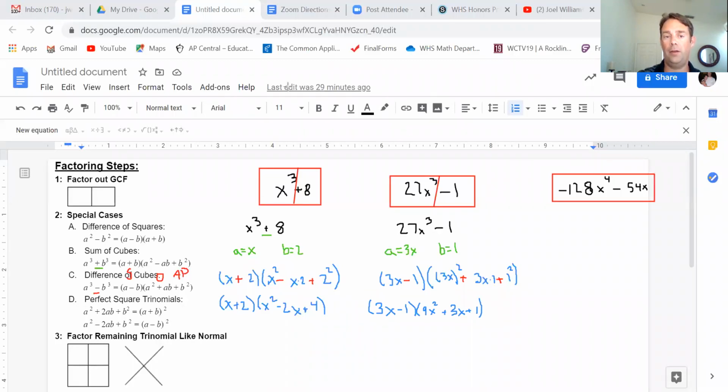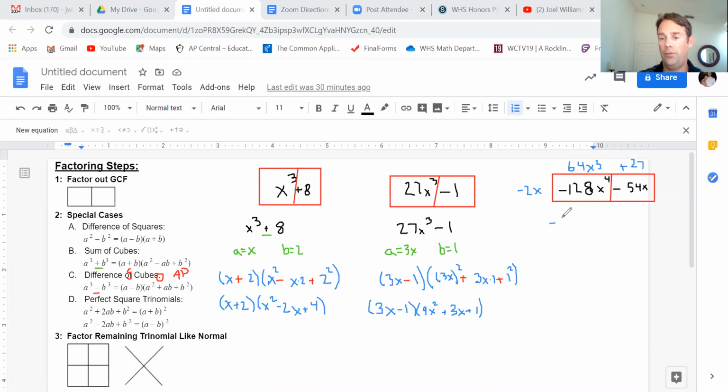All right, we got you back here. This time, if you notice, I do indeed actually have a greatest common factor I got to take out. I'm looking at 128 and 54, and I'm thinking to myself, I know they both have an x, but I bet I can also take out a -2. So now I have 64x to the third, and I have a positive 27.